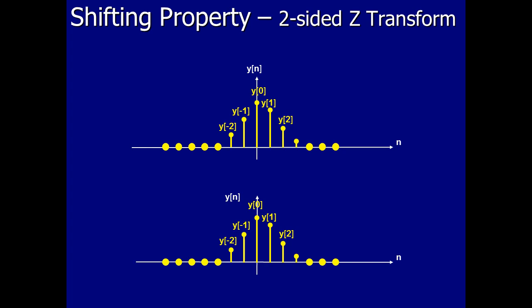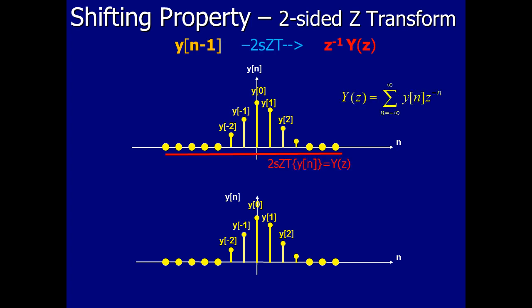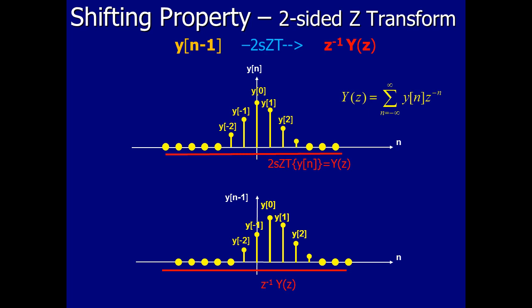So if here's some y of n, and we take the z transform of that whole thing, that gives me a nice y of z. Then if I take that y of n and shift it over by 1, the transform of that is z to the minus 1 times y of z. We're supposing you've done the summation over all values of n, so the fact that it's shifted doesn't really affect anything.